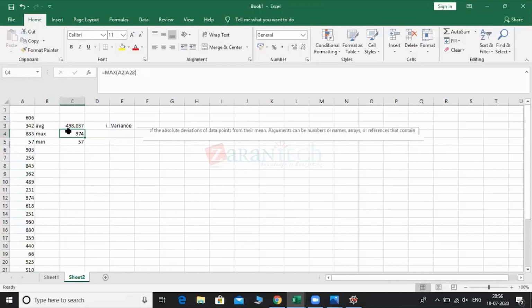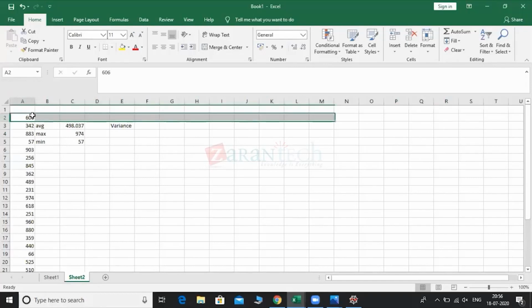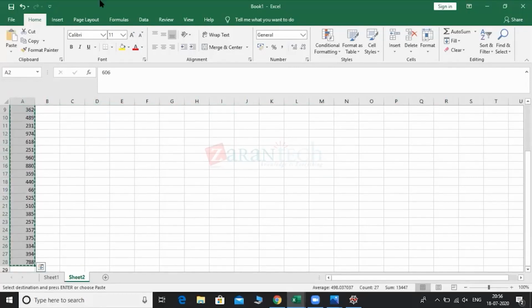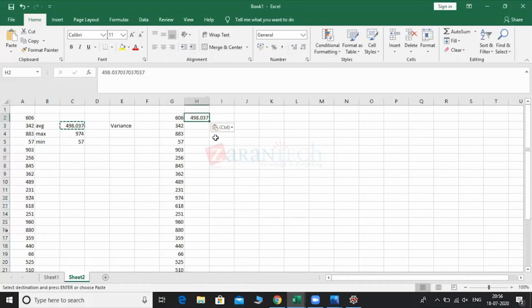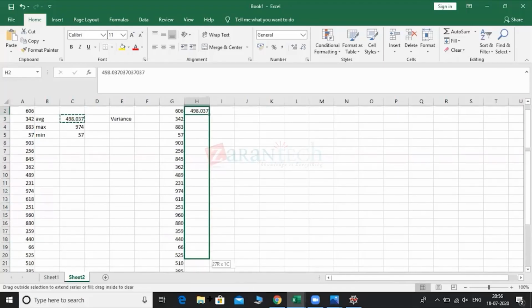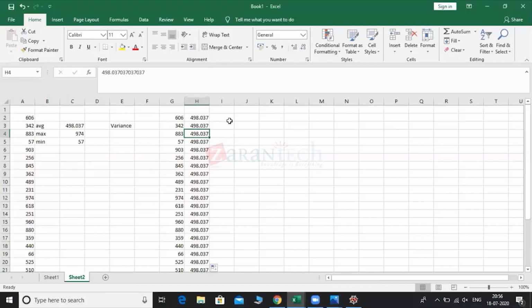But this 498, if you look at it, is different from each number. So this is my average number. Variance essentially tells you how different the average number is from each of the numbers of the data set. Let's say that this is my average number of the data set, and we can look at the difference.